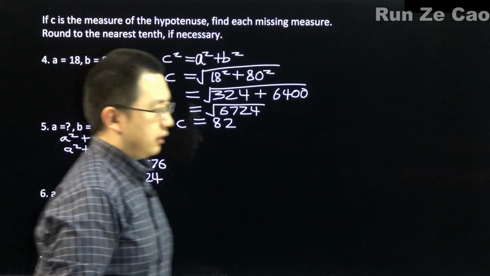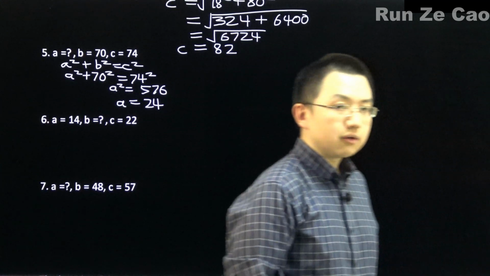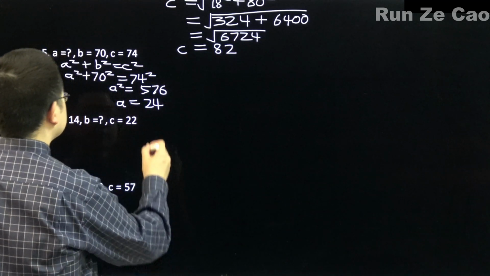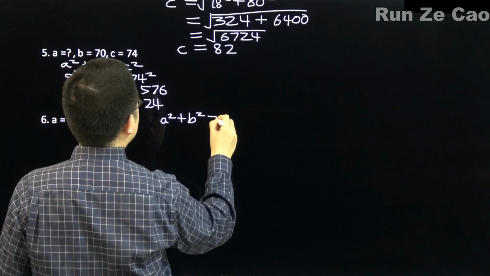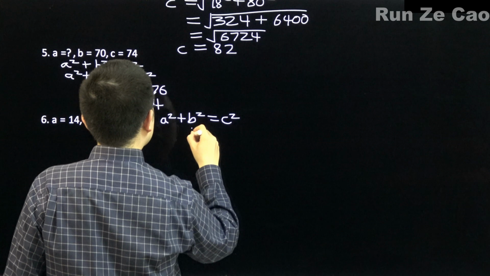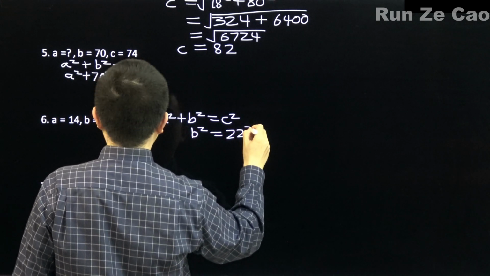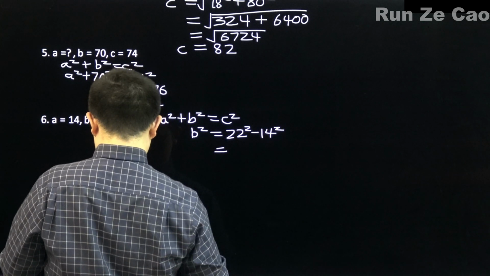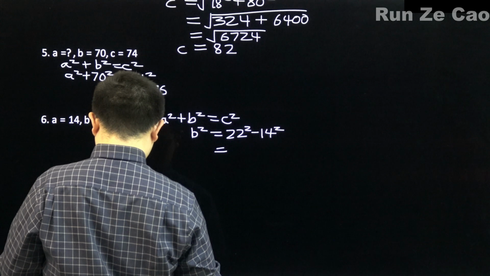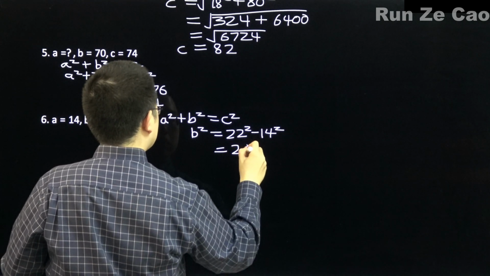Alright, so how about A equals 14, B we don't know, C equals 22? Well, A squared plus B squared equals C squared. B squared equals 22 squared minus 14 squared, which equals 288.